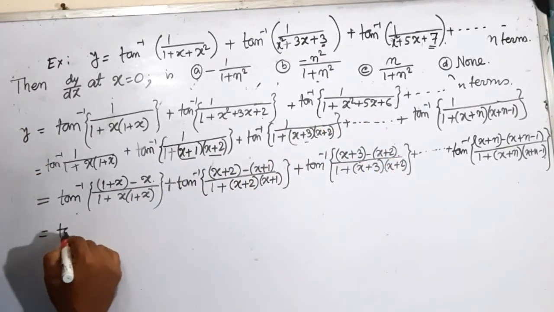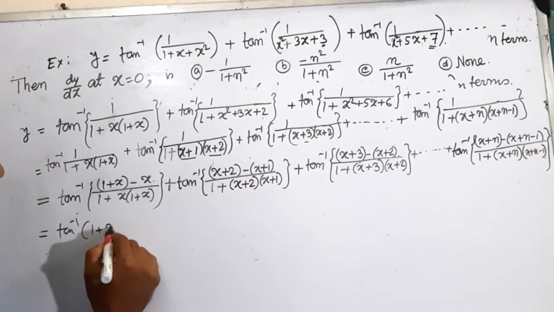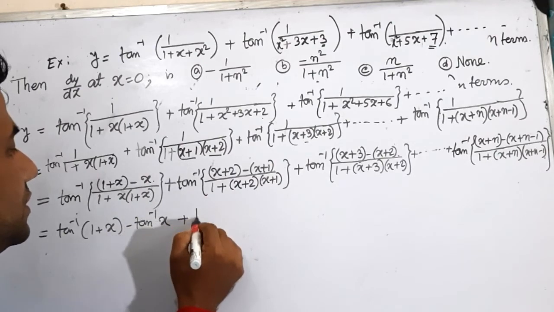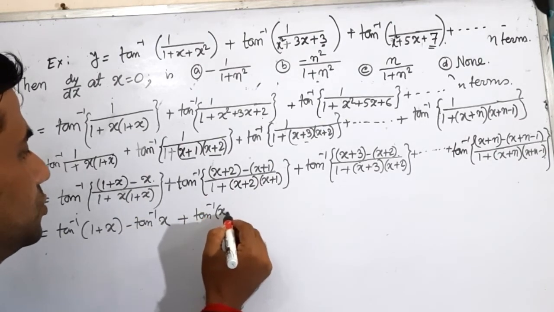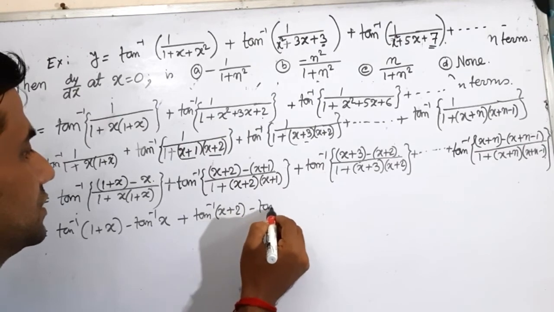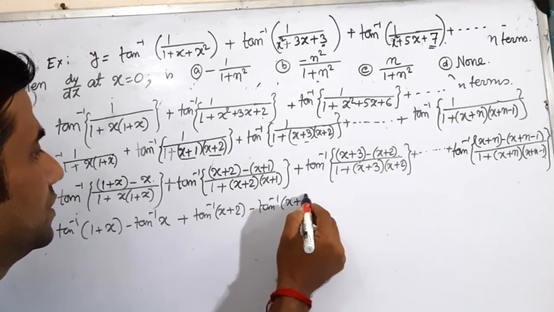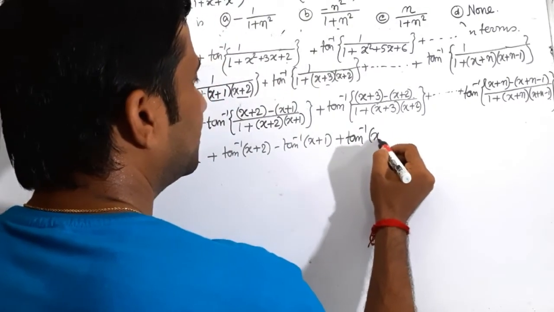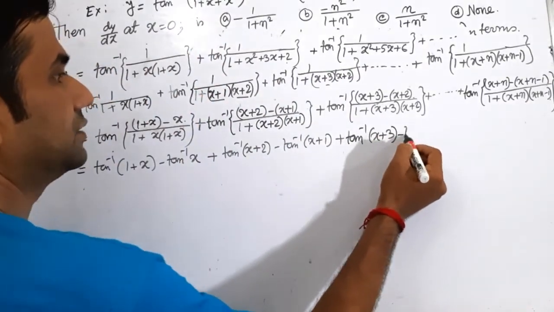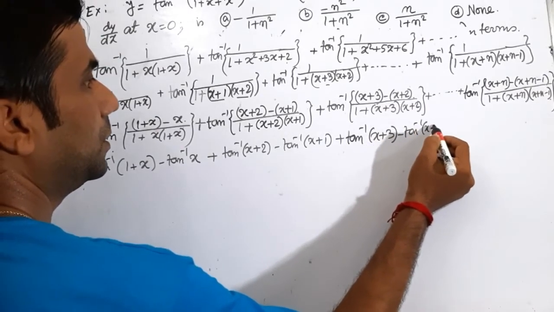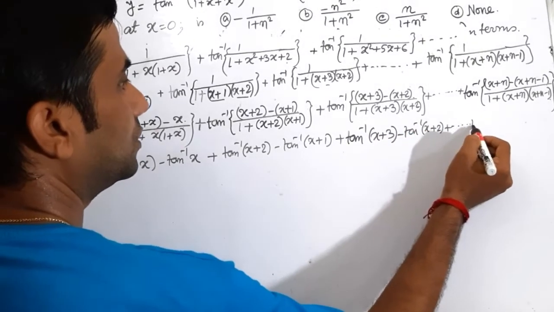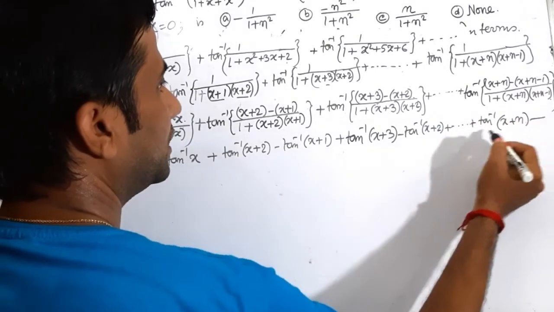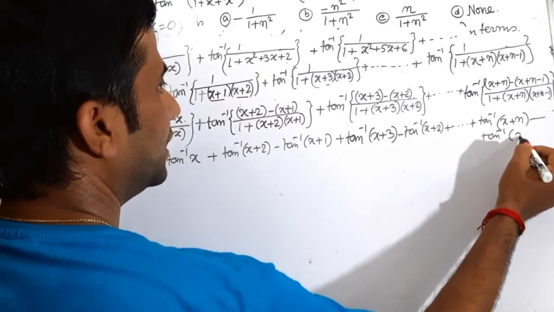That means tan inverse (1 plus x) minus tan inverse x, plus tan inverse (x plus 2) minus tan inverse (x plus 1), plus tan inverse (x plus 3) minus tan inverse (x plus 2), plus ... tan inverse (x plus n) minus tan inverse (x plus n minus 1).